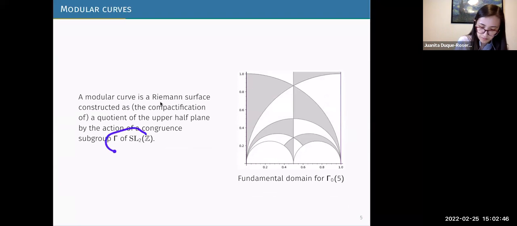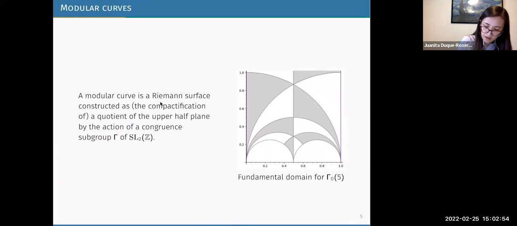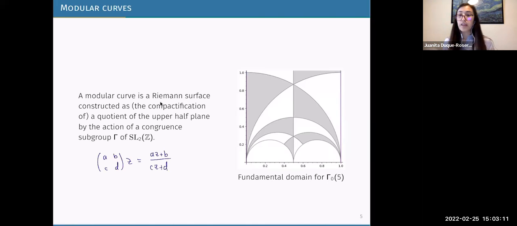So we take subgroups of SL2(Z) in this case, and we act on the upper half plane by taking a matrix (a, b; c, d) and multiplying it by a complex number z whose imaginary part is bigger than 0. And then we get (az + b)/(cz + d), right? So we have matrices acting on the upper half plane, and then we consider all the orbits of this action. These form a Riemann surface, and it's a modular curve.